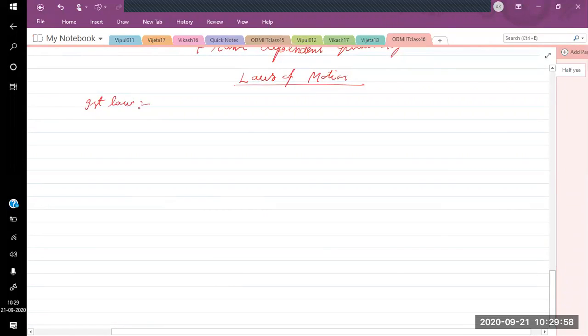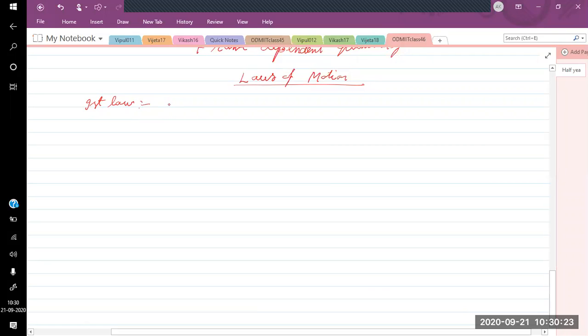You would have studied these in lower classes also, so you must be knowing. What is the first law of motion? If an object has no external force acting on it, or the net force is balanced, or the net force is zero, then the object keeps on moving in a straight line with constant velocity.